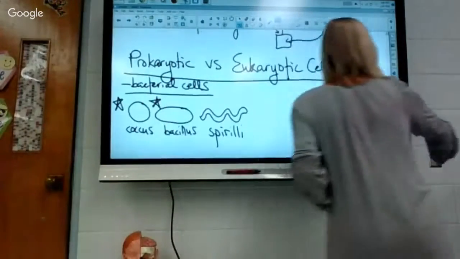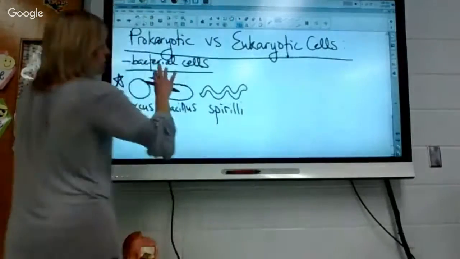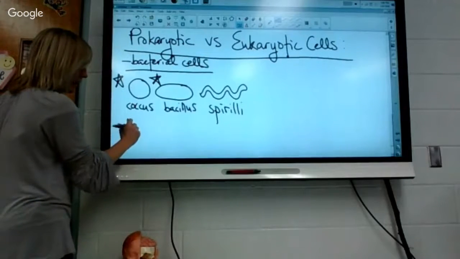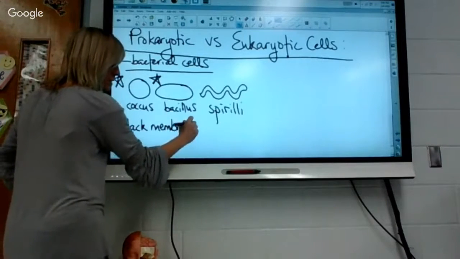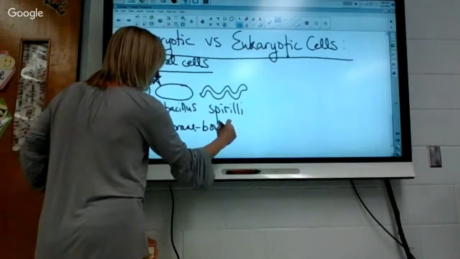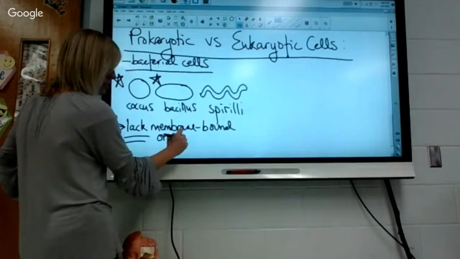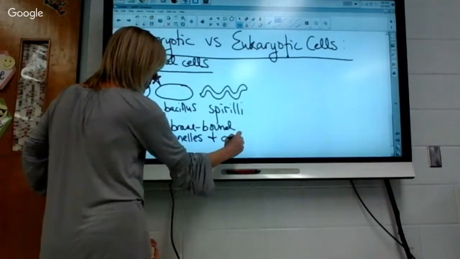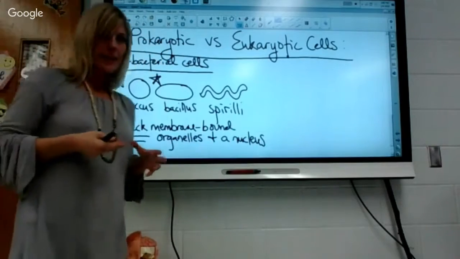But what makes these cells different from those is that these lack membrane-bound organelles, compartments that do specific jobs. They don't have them, and they lack a nucleus. So that means it doesn't have a special place for the DNA to be housed.